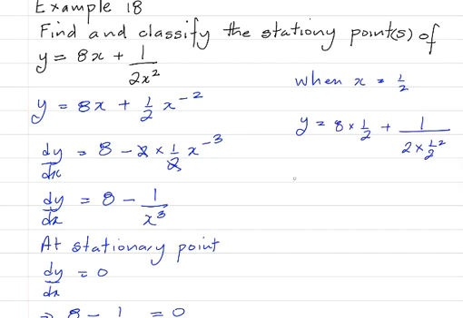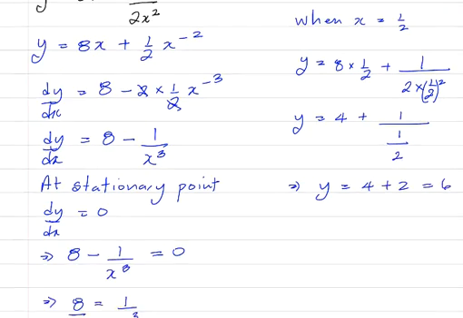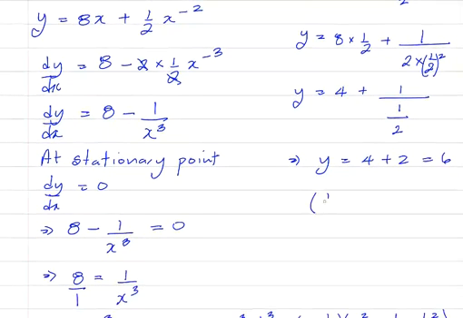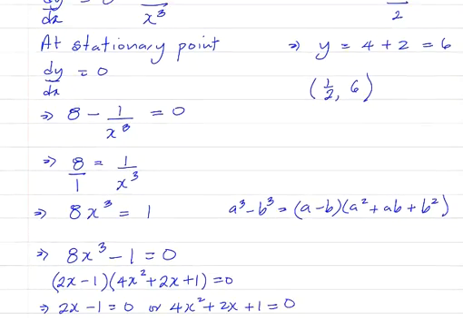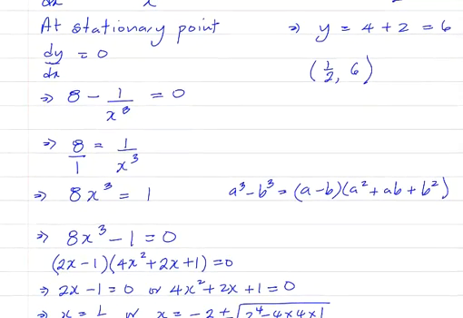So y here would be equal to 4 plus 1 over 1 over 2, so y would be equal to 4 plus 2, which is equal to 6. So a half, 6 is the turning point. What we have to do now is to classify this turning point.